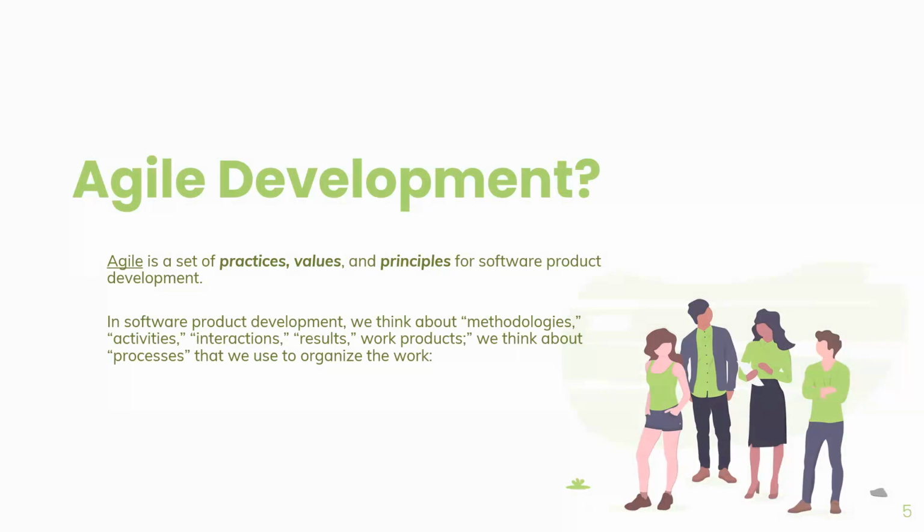So Agile development: Agile is a set of practices, values, and principles for software product development. Like I said earlier, most of the projects that you do as an Agile project manager or Scrum Master will be centered around technology, software, and products, from building a website to building an app to building blockchain.